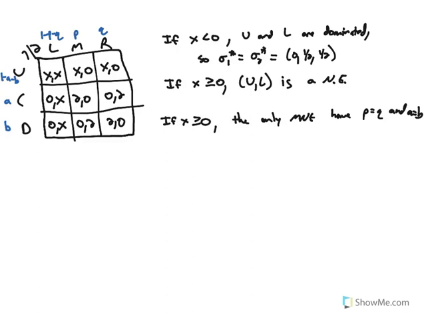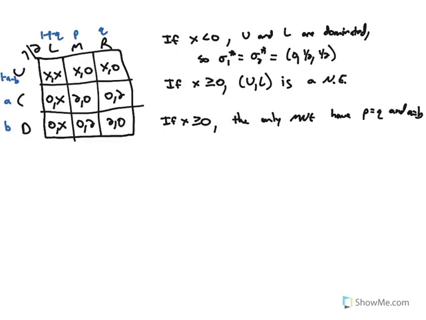To see that, notice that if I'm player 2 and I'm playing M, the payoffs are 0, 0, 2, and for R it's 0, 2, 0. Those are the payoffs of M and R.